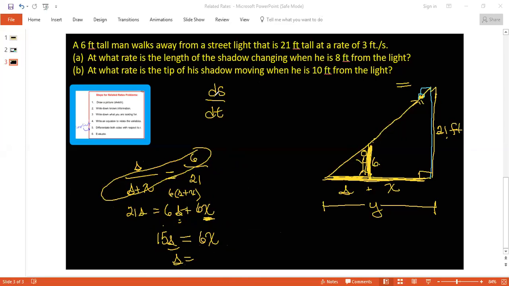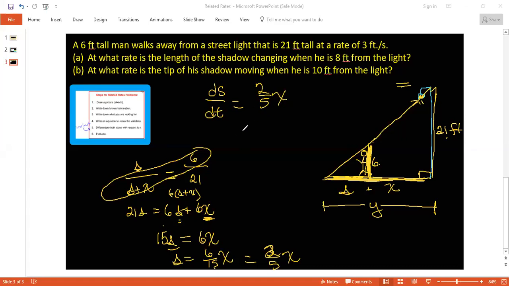S is going to equal now 6 over 15x, but really let's just reduce that now, and that's going to equal 2 over 5x. And then we can take ds dt. So we're going to take ds dt of 2/5 x.